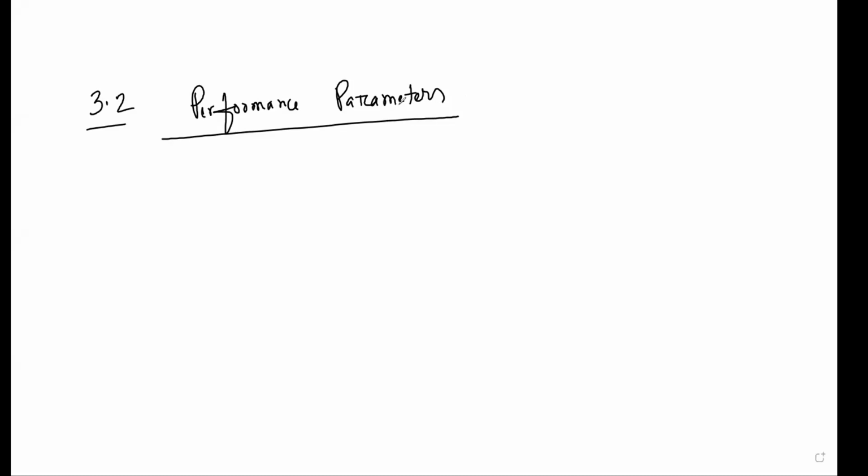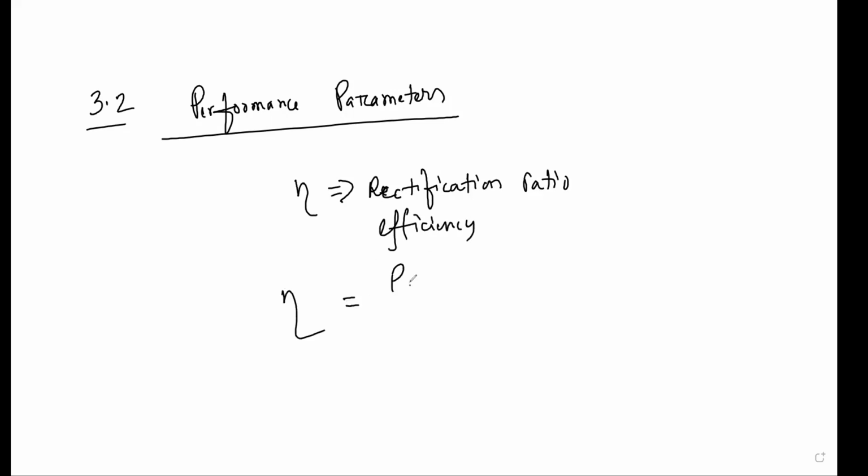So this is his performance parameters, and also in a rectifier we have some parameters we can find out. One is known as the rectification ratio. Sometimes people call it efficiency also. The rectification ratio will be termed as PDC by PAC. So what is PDC then?